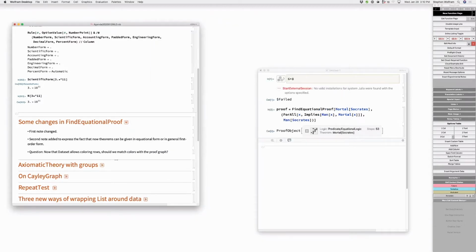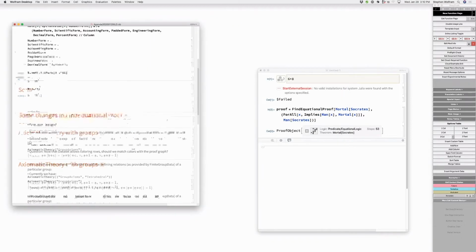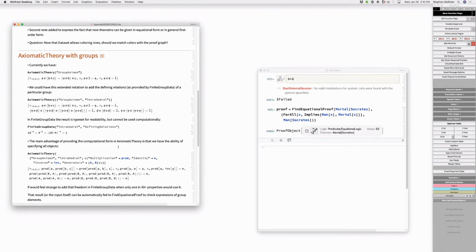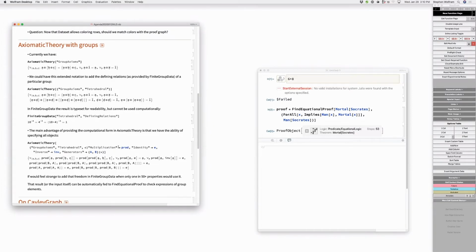And now something we have discussed by email is the connection between axiomatic theory and finite group data. Yep. So I have this suggestion, which is we could make axiomatic theory return the group axioms together with the relations. I think that'd be very cool. Very cool.